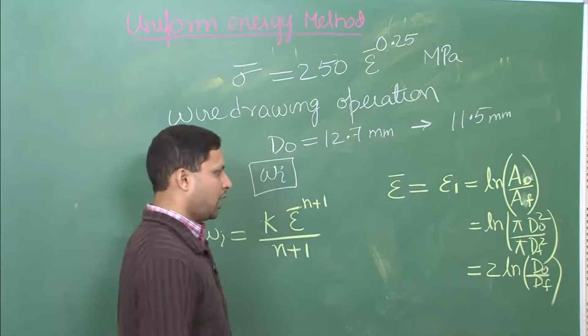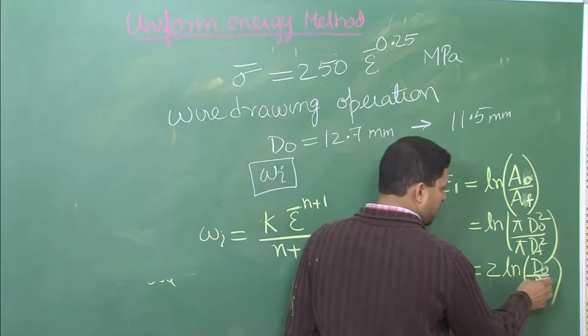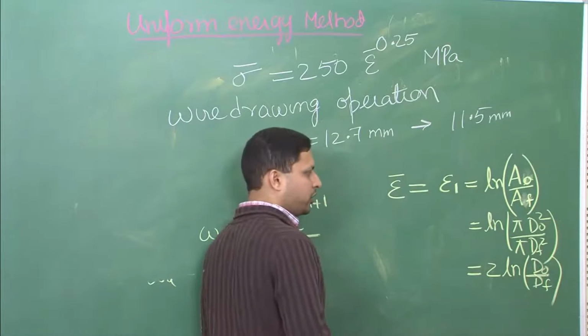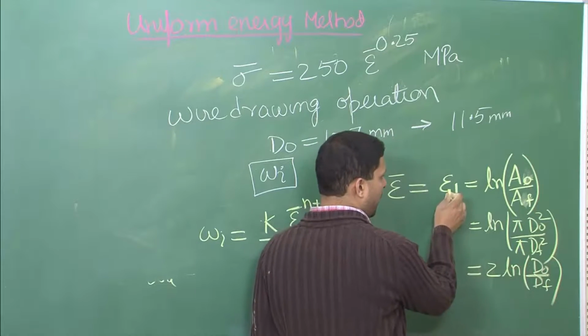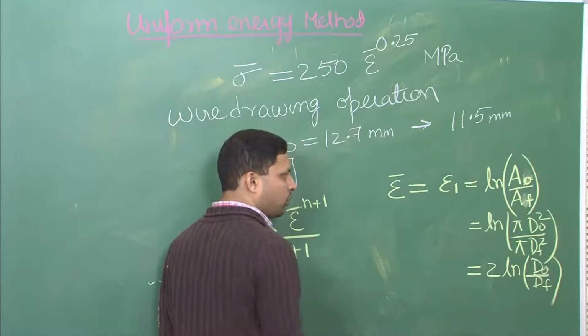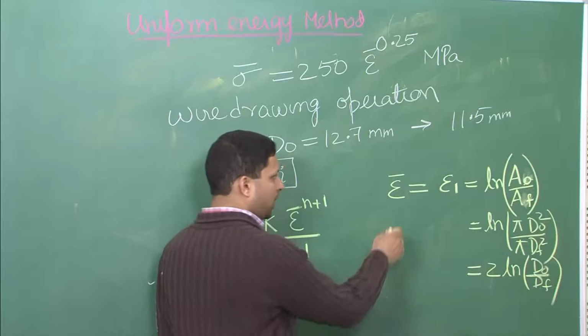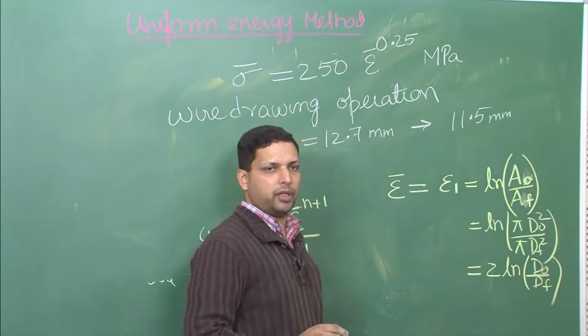The point I am going through each and every step is that just because I have given d naught and df in the problem, do not assume that epsilon 1 will become ln d naught by df. If you go by first principles, you get that epsilon bar is equal to 2 times ln of d naught by df.